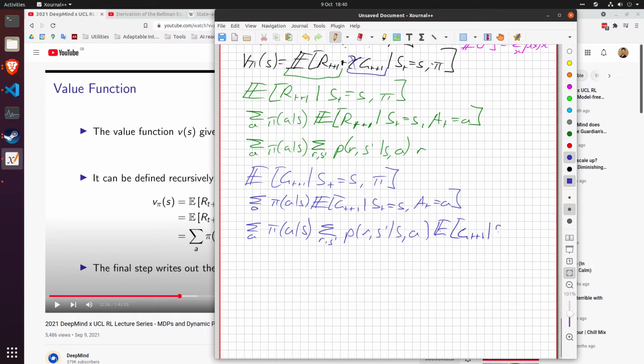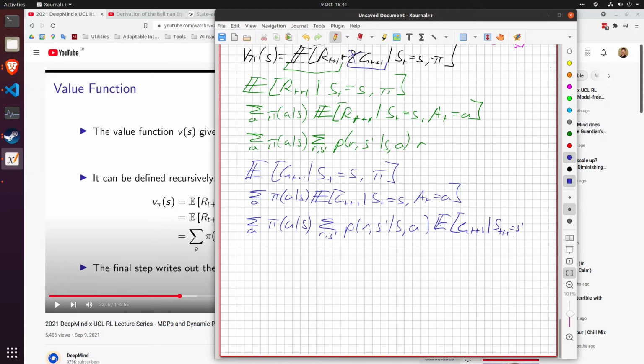So the state at time t, now we know the state at time t plus 1 because we've pinned down the state at time t plus 1 to be S prime. Perfect.